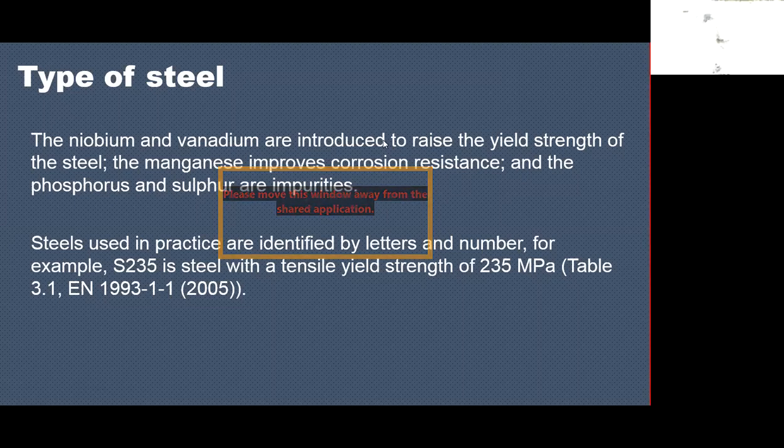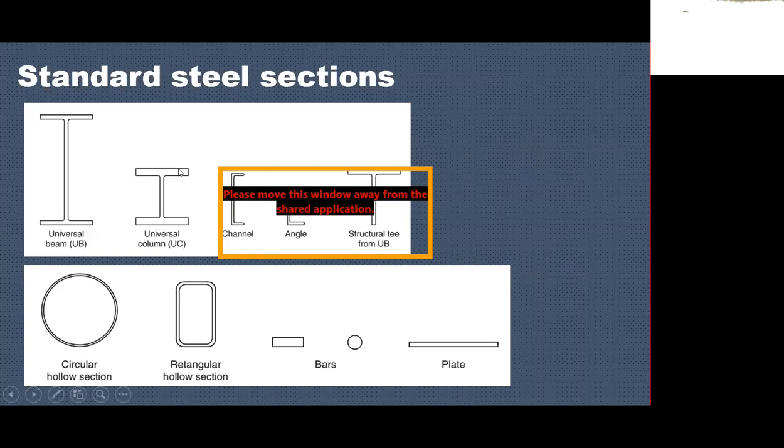So if you mark it by S550, that means the steel has a grade of yield strength of 550 megapascal. So that's the meaning of 550.